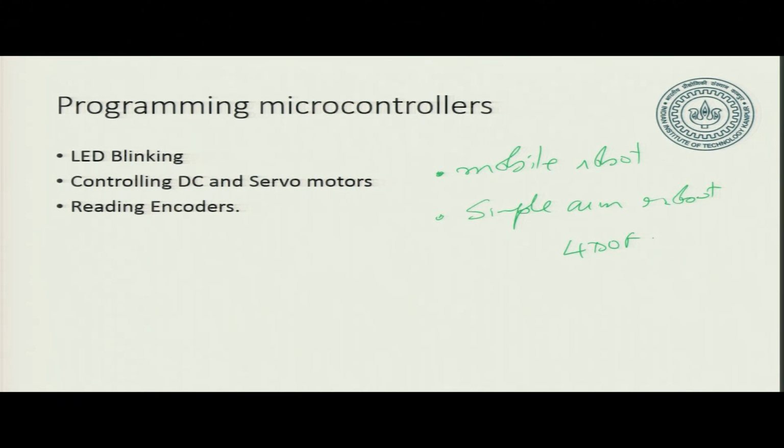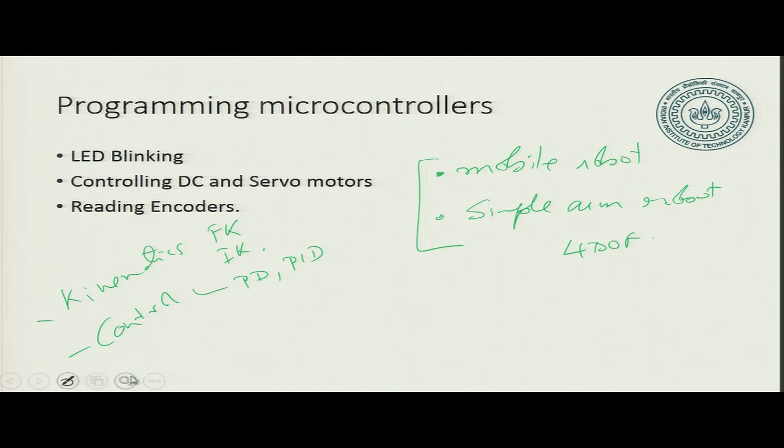Okay. So, in order to get this far, what we need to do is to know kinematics. So, kinematics you have already studied, forward kinematics and inverse kinematics. Then we need to look at some kind of control, that also basic control we have studied, PD, PID. Then we need to look at sensors.